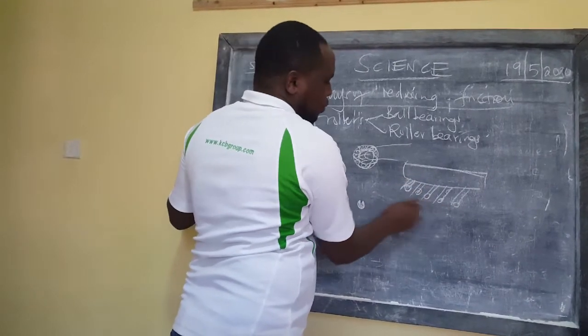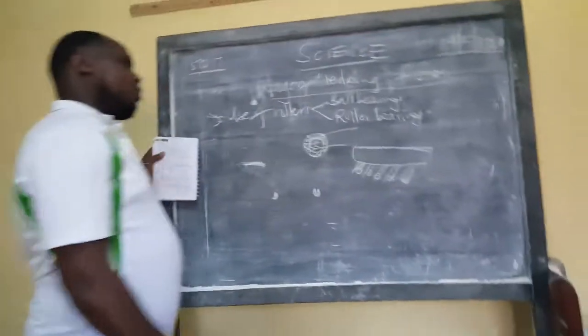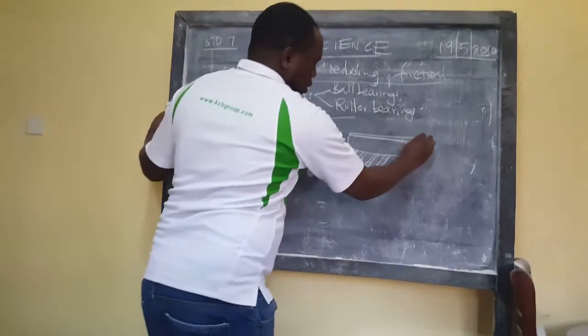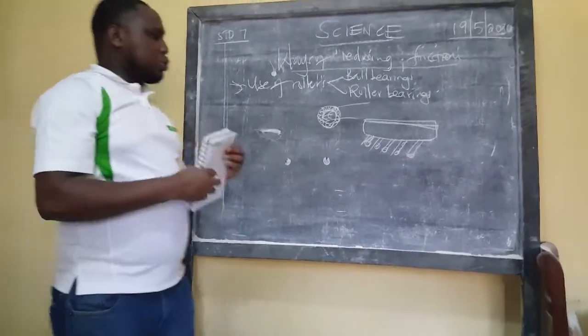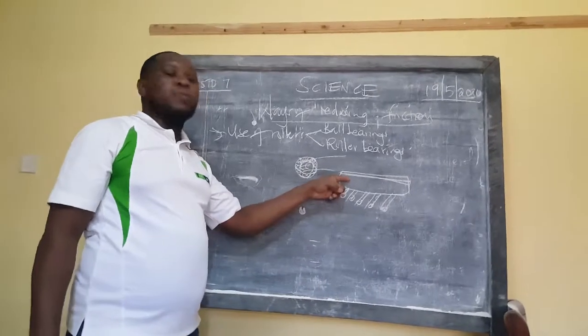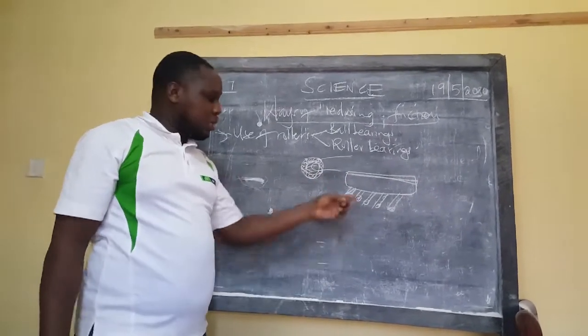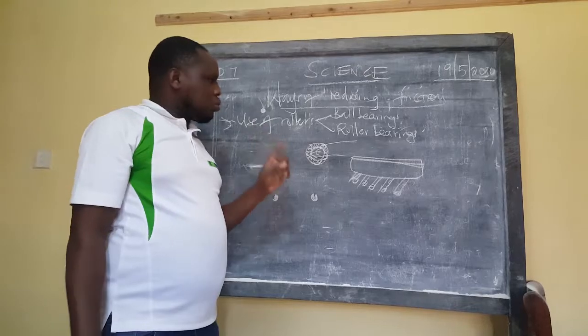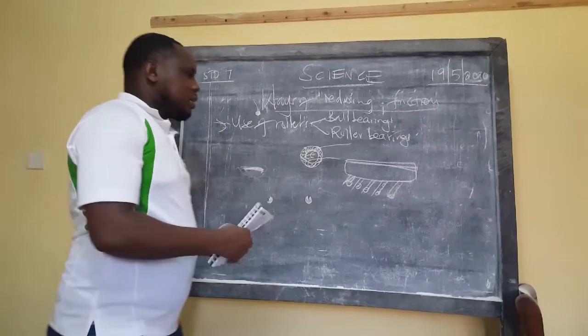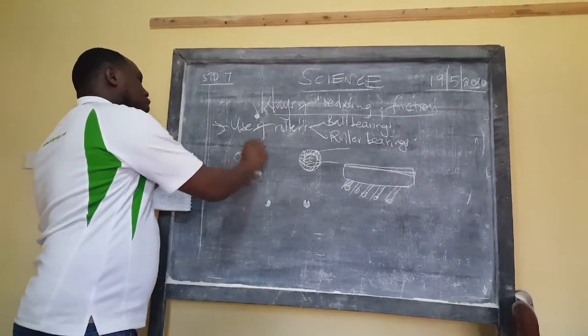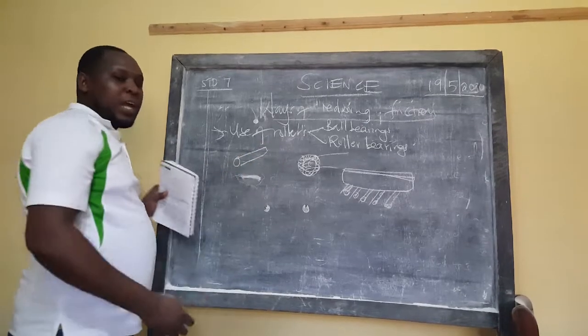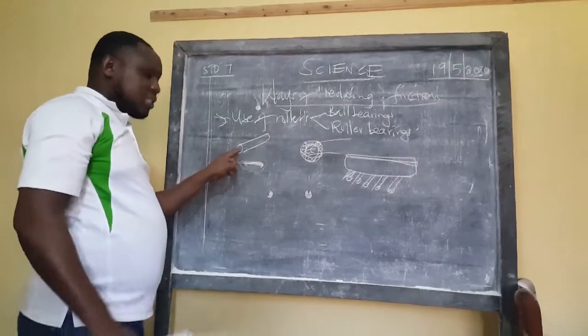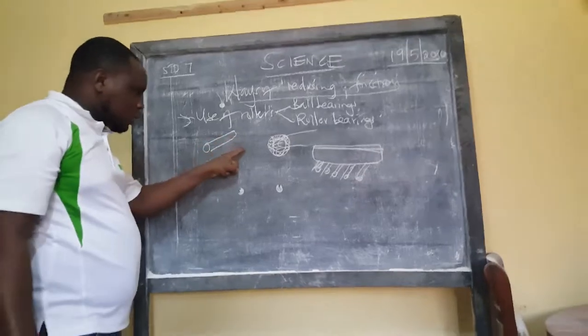You want to move this piece of wood. It's a log you have cut, and you want to move it. It's very difficult for you to push it on the ground without these things. Now what are these, what we call roller bearings? These are cylindrical pieces of wood, and they are round such that they can move smoothly.